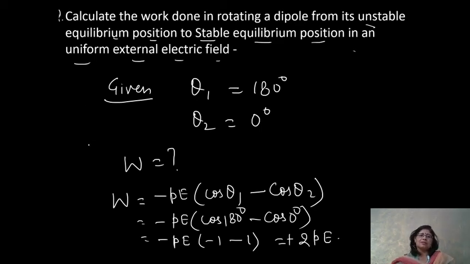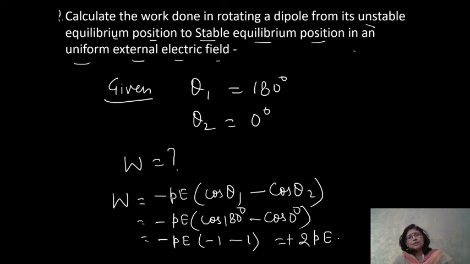So students, in this video we have just learned about the derivation of potential energy stored in the dipole when it is rotated inside the electric field. Second, what is the amount of work done in rotating the dipole from its angle theta 1 to theta 2.